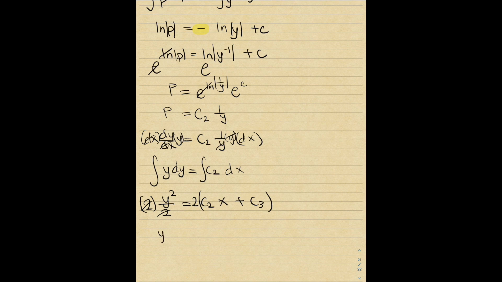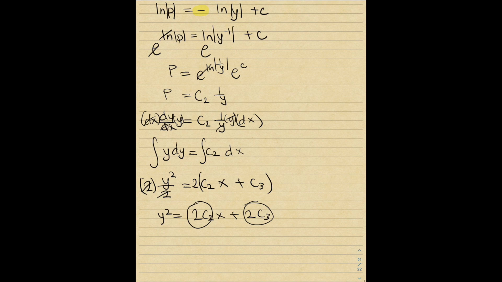So we got y squared equal to 2 times c2 x plus 2 times c3. These are just arbitrary constants. So traditionally, we just put a x plus b equal to y squared. And that is it.